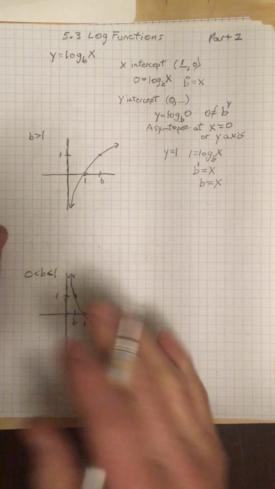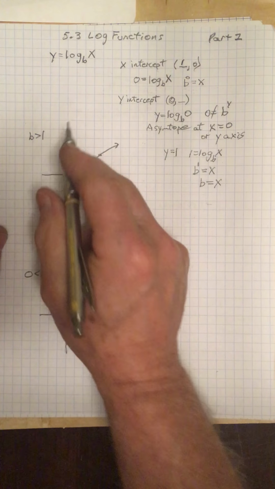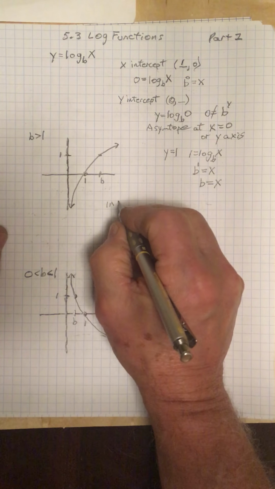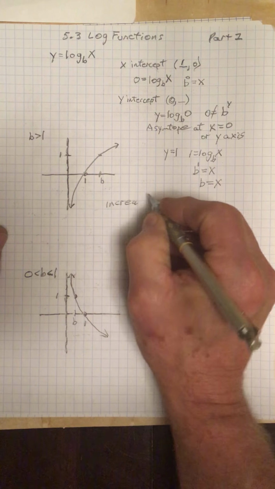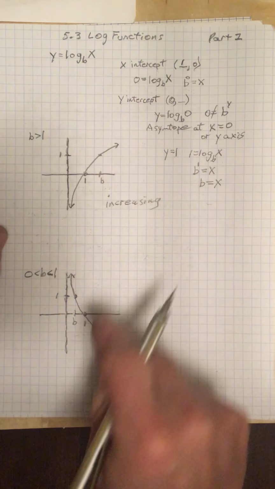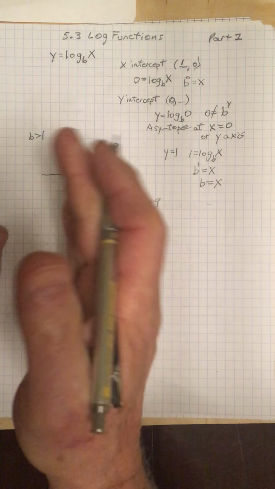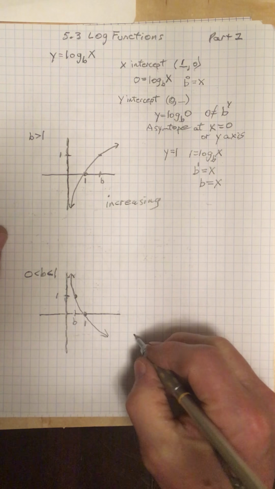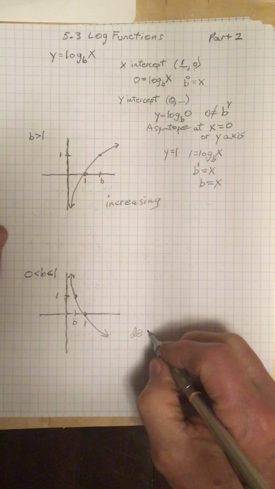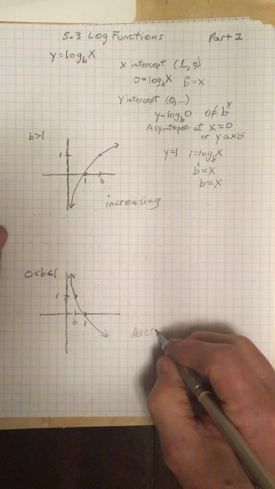And similar to the other, when b is greater than 1, we have an increasing situation. And when b is between 0 and 1, we have a decreasing graph. So these are differences depending on the base.